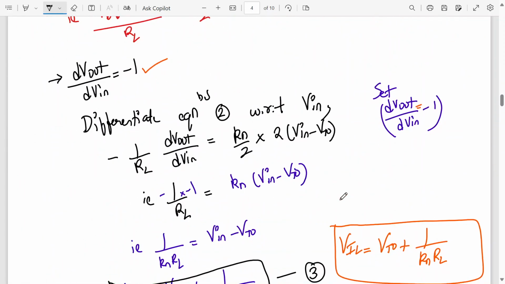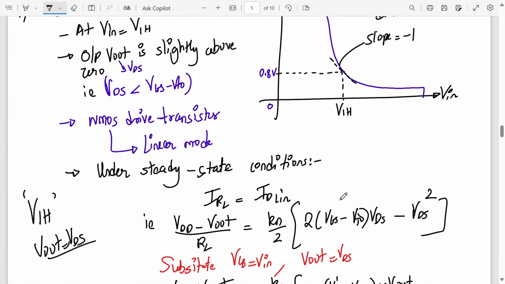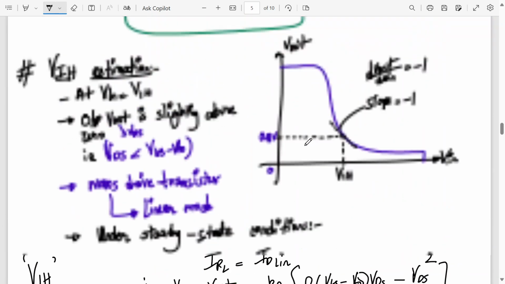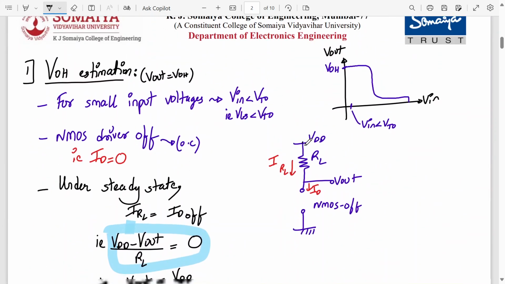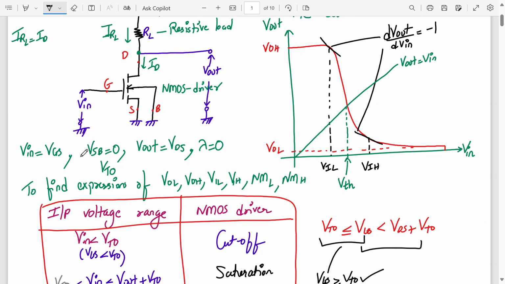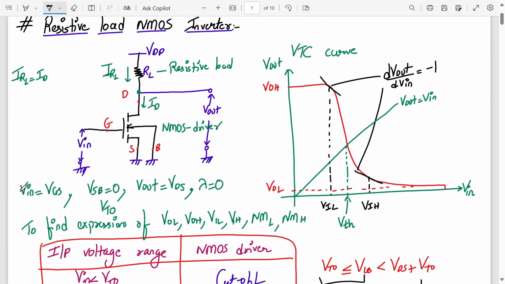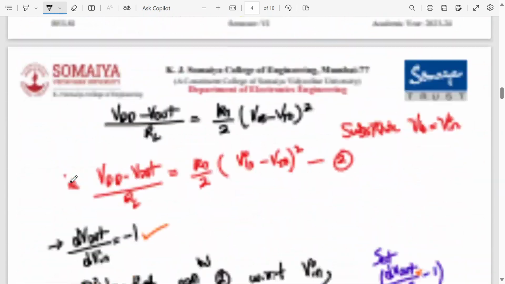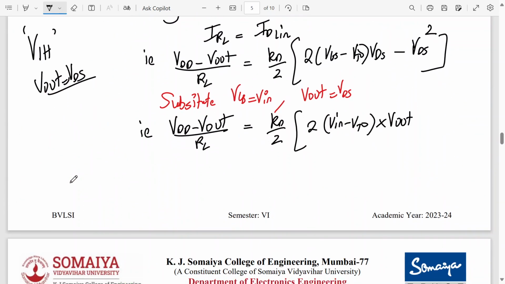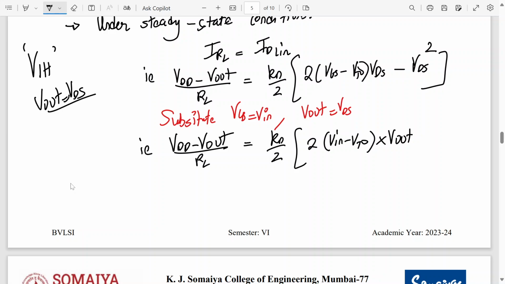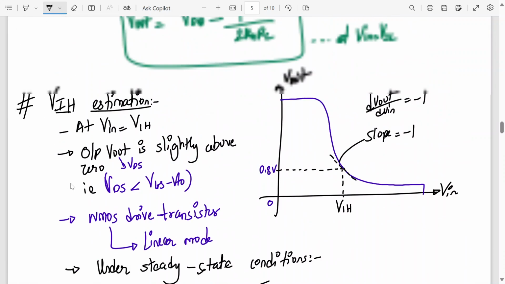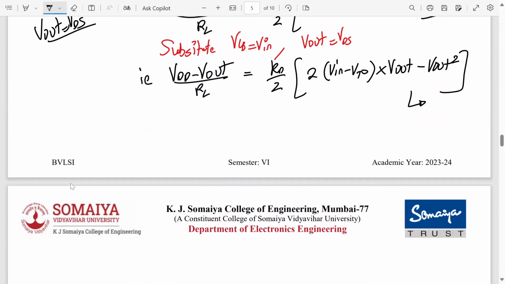Yeah, see, V out is equal to VDS and V in is equal to VGS. We can use them interchangeably. So let us carry on with the derivation. So it is V in minus VTO into V out minus V out square. Okay, this we call equation number 4.